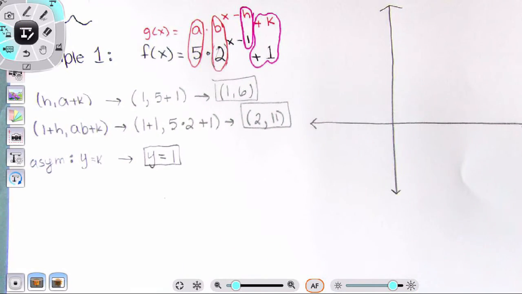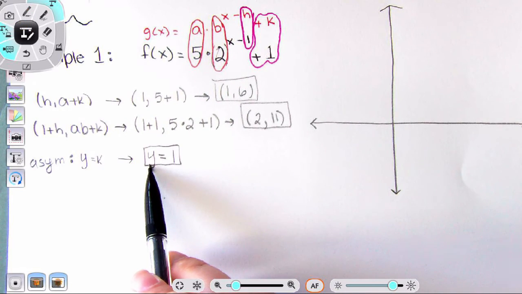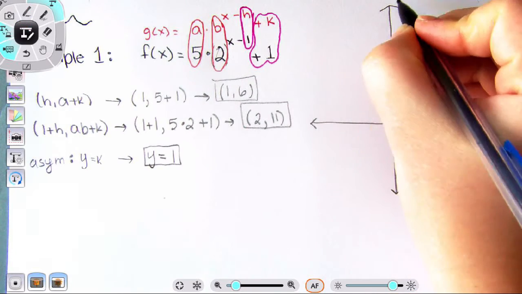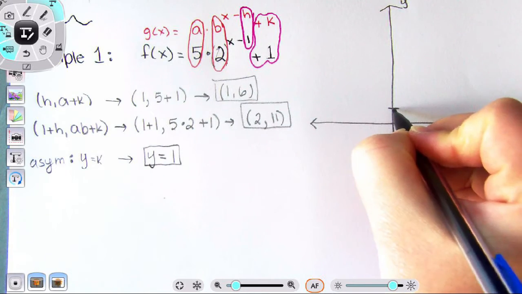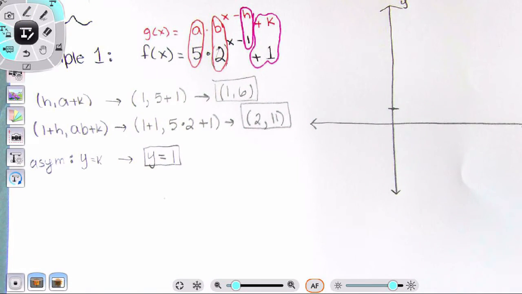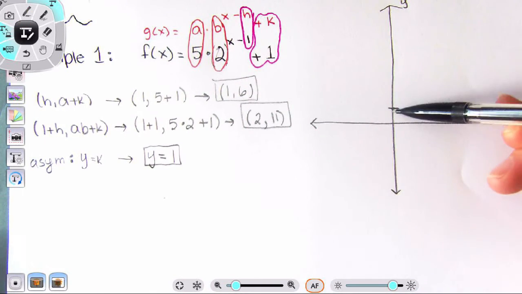Okay, step number 1 is to identify your asymptote. So we need a line at y equals 1. The easiest way to know if it's going to be vertical or horizontal is to find this value. Find y equals 1. So here's our y-axis, and here's y equals 1. I'm going to put a little dot here. I don't want this dot big because it's not one of my points, okay? Then I'm going to create a line. Do you notice that I have two options?